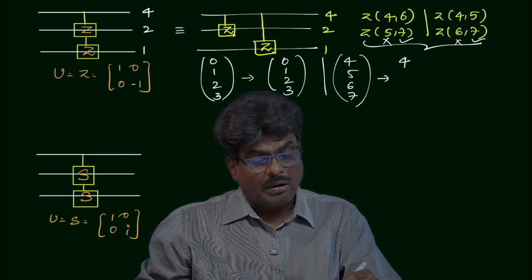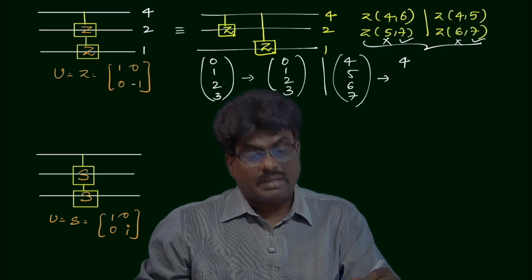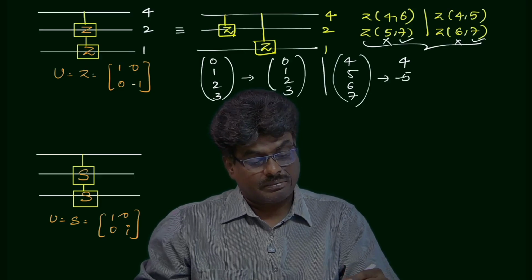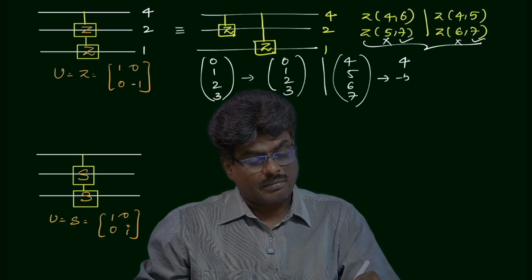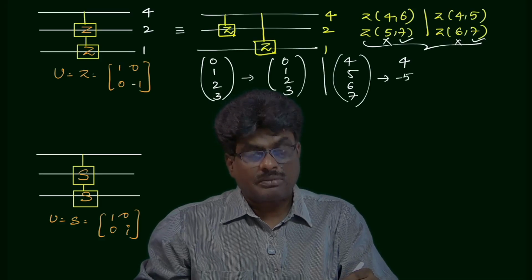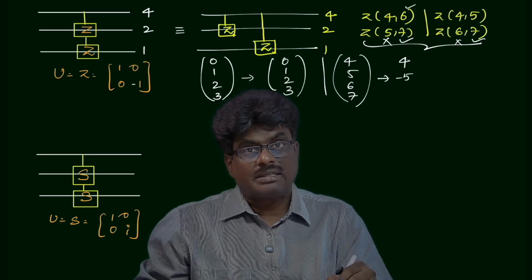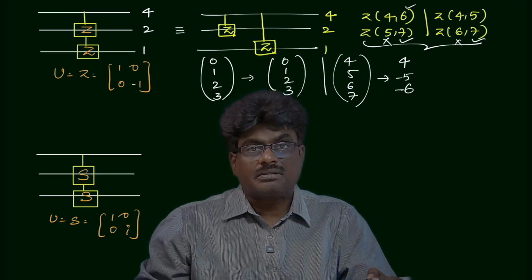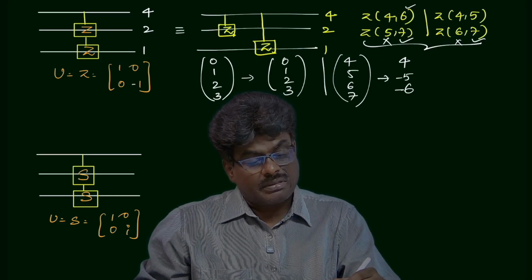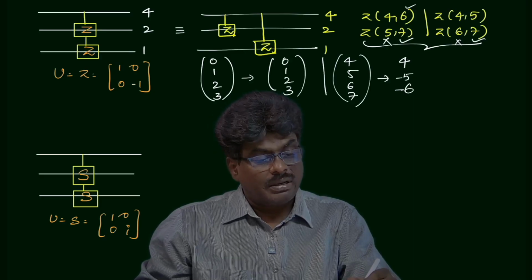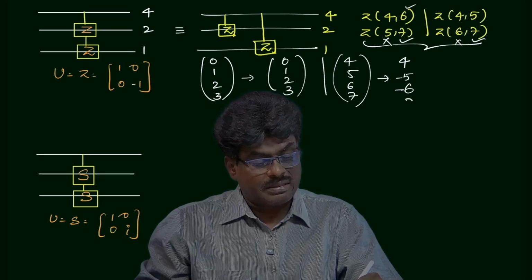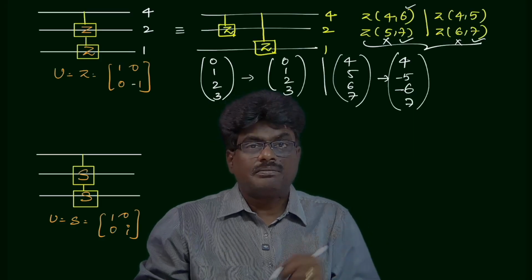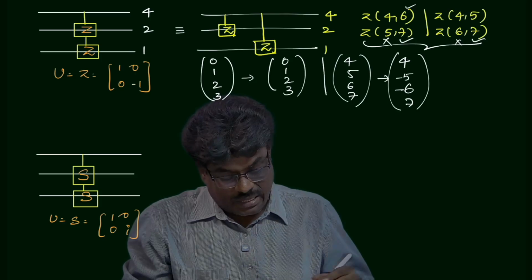Next 5 off, but second 5 it is on, minus 5. Next 6 off, sorry, 6 is on, minus 6, but the next 6 is off, that's why no issue, minus 6. 7 first operation on, again on, minus times minus, plus 7. That's it. Still not understanding?